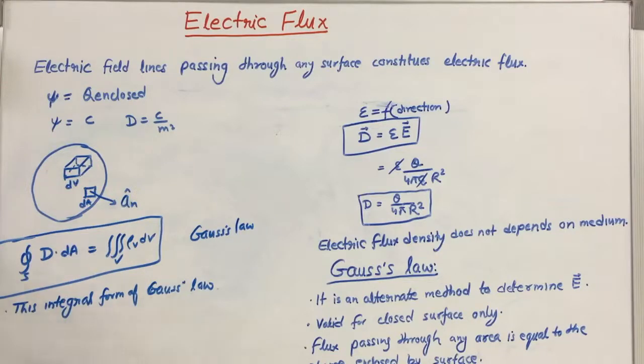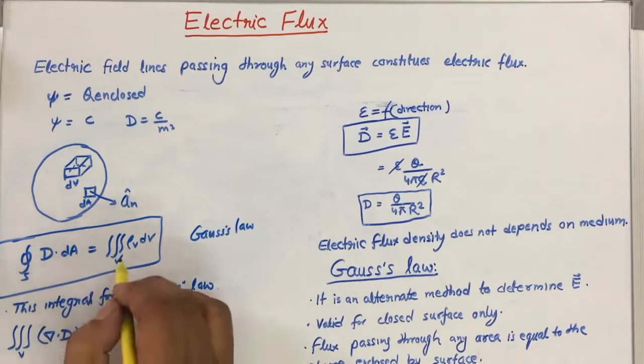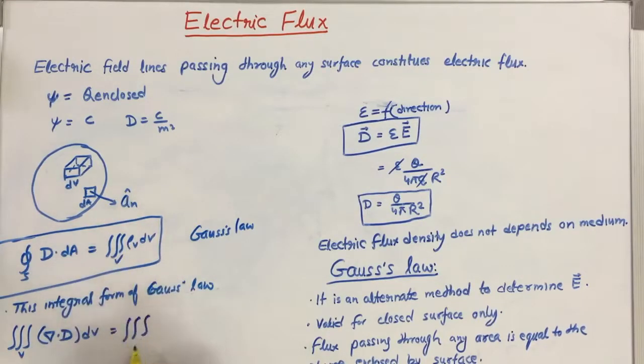Now, if we apply the divergence theorem that we have studied in the beginning of the chapter, then we can say from here it can be transformed into volumetric form. Surface can be transformed into volume form, and it can be transformed like this according to the divergence theorem, and it will remain like that, rho v dv.